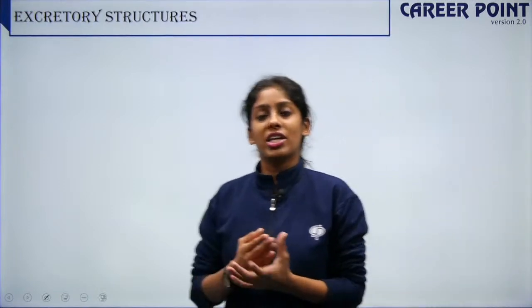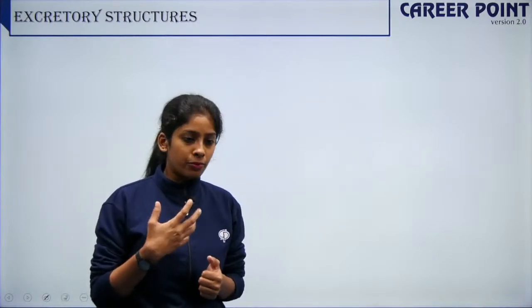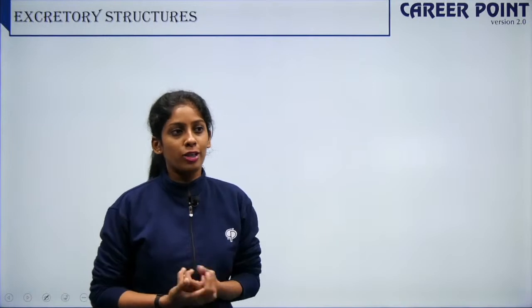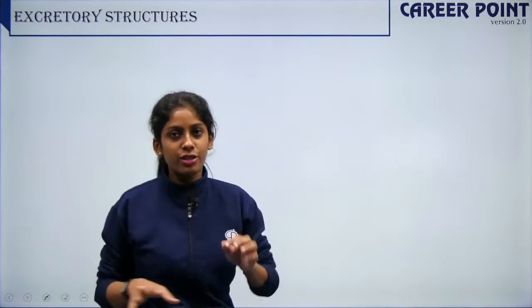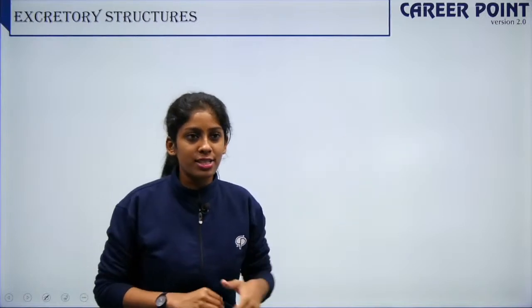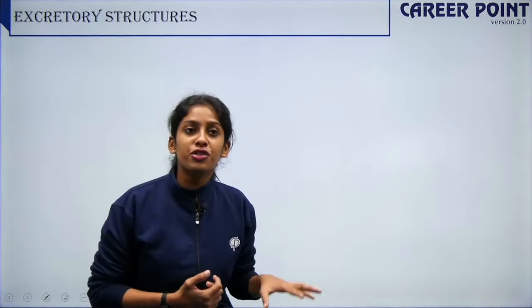Moving further, what are the excretory structures? For the circulatory system, we had the heart, the blood vessels, then the blood, and we spoke about the constituents of blood. In respiration, we spoke about the entire passage. In digestion, we spoke about the passage of the alimentary canal. So how about excretory structures? How about in different organisms?